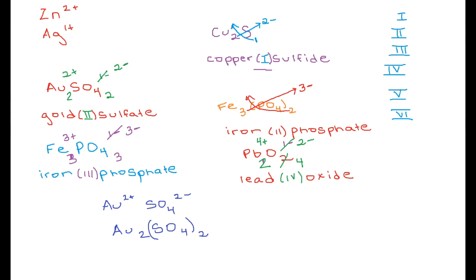But then since I have a 2 and a 2, this would simply simplify to AuSO4. So when you're writing the formula from the name, it's really easy because I'm giving you the charge of the metal, and then you just cross charges. The challenging part as far as these are concerned is figuring out the charge. So go back and rewatch this video, and then we're going to do a lot of practice in class as well.